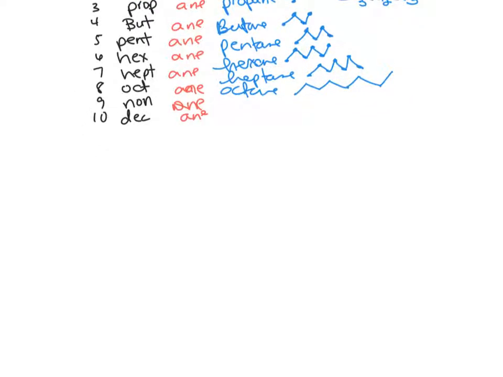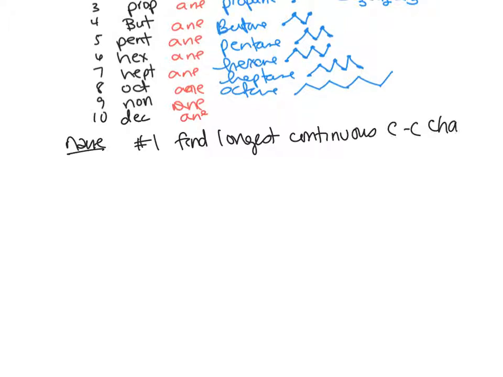Okay, so I'm going to give you some rules for how to name structures. Number 1, find your longest continuous carbon-carbon chain.